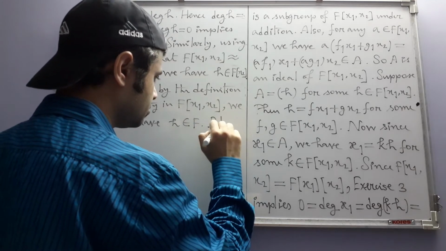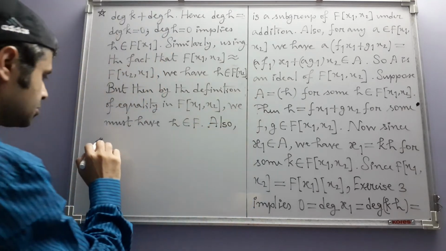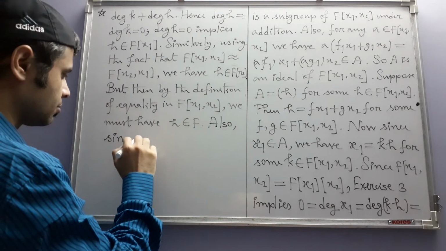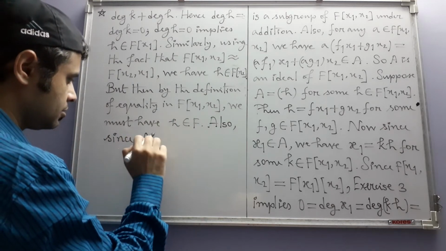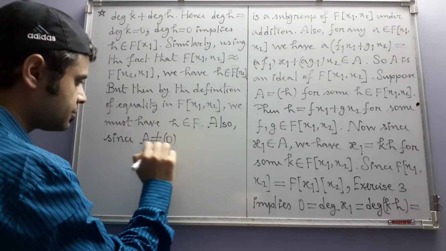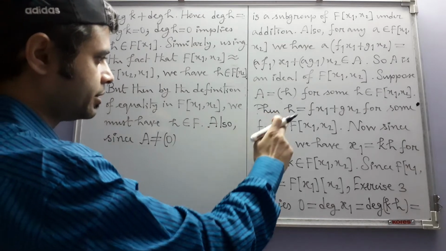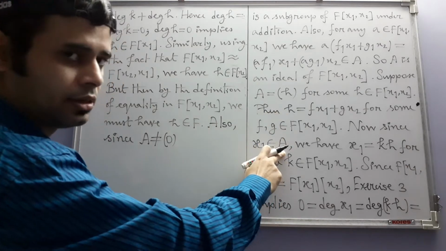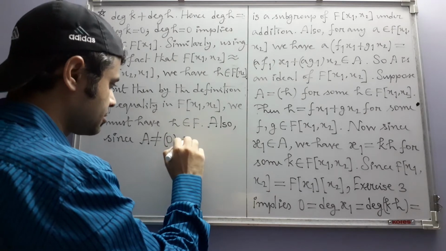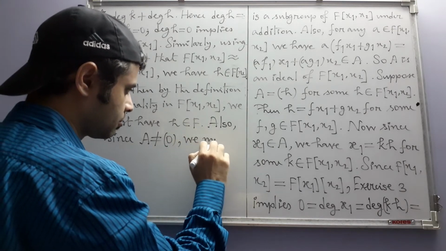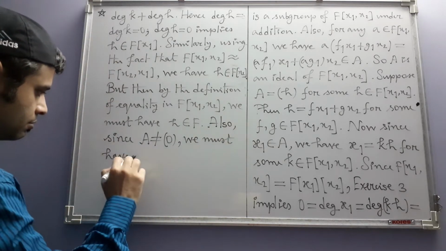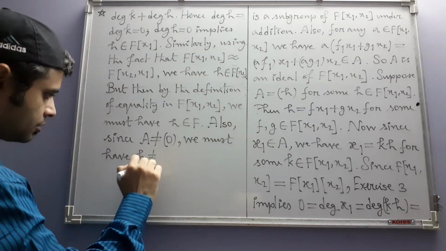Also, since A is not equal to 0, because, for example, this non-zero element x1 is in A, x2 is also in A, we must have h not equal to 0.